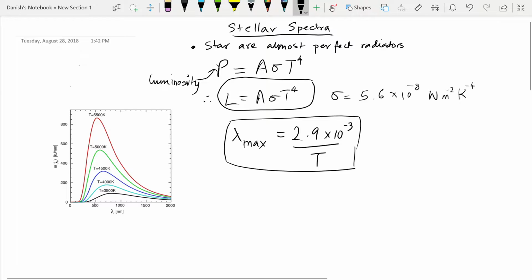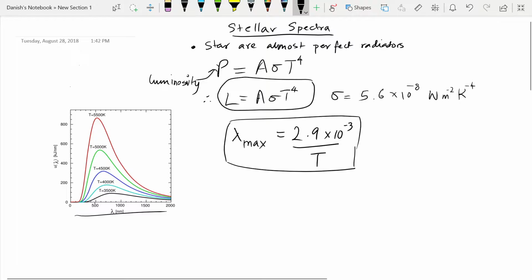So essentially, what the spectra does for us is that we can tell the temperature if we know the shape of the curve. The shape of the curve is the same as a black body, right?